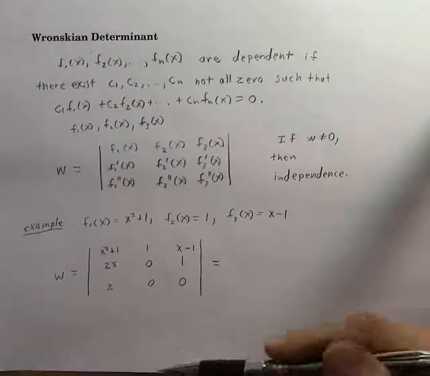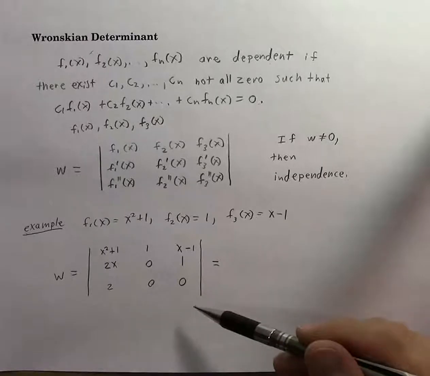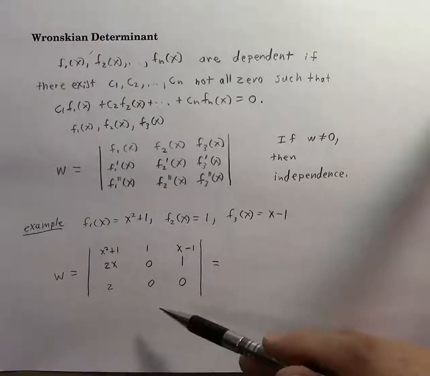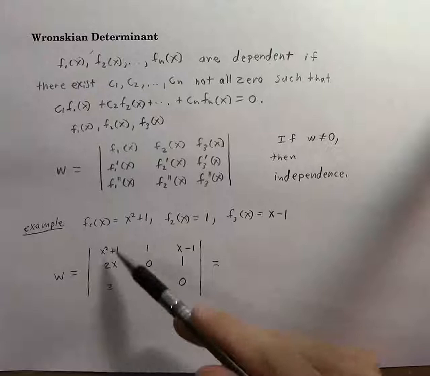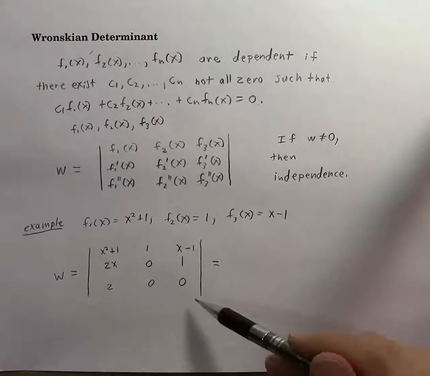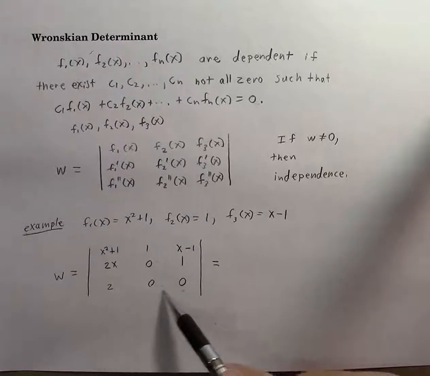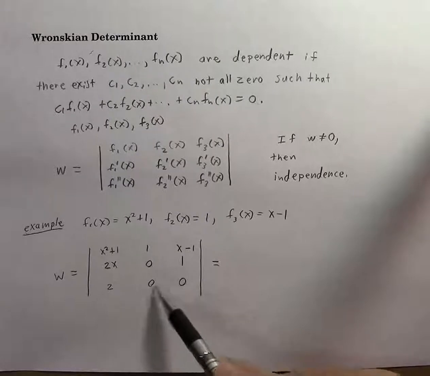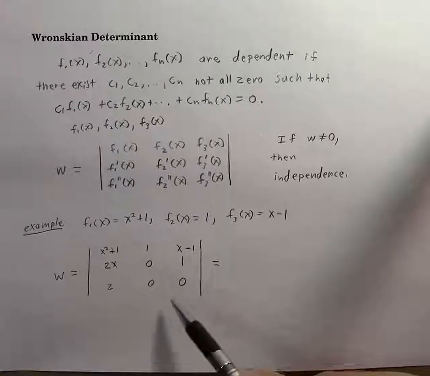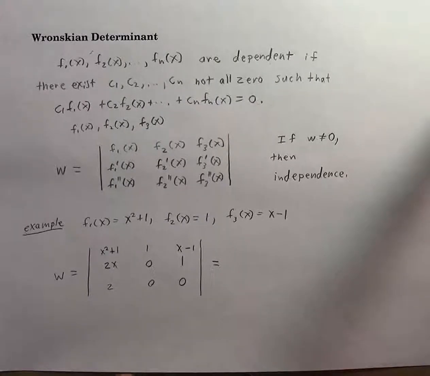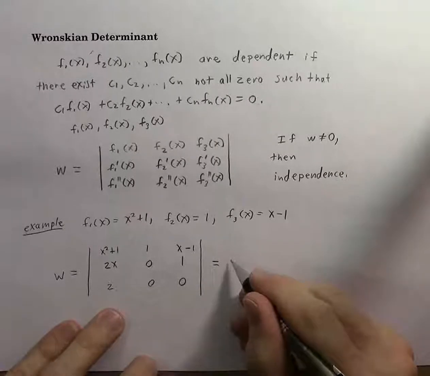Recall that when you evaluate a determinant, you can expand across any row or any column. If we look at the third row, we have 2 zeros in there, and that makes it a very convenient row to expand around. So I'll choose that row. I'll begin here with the 2.